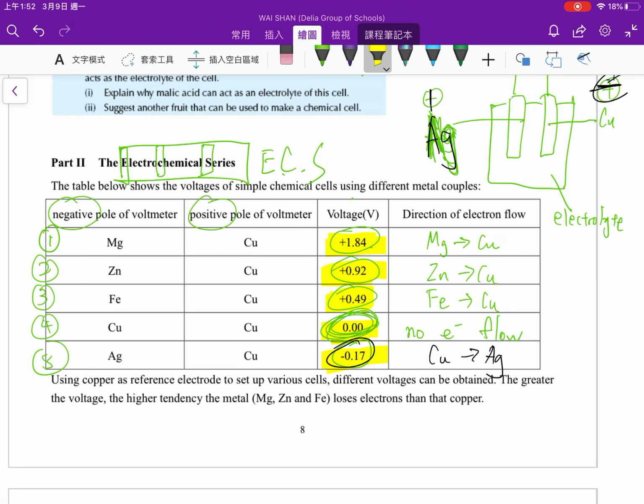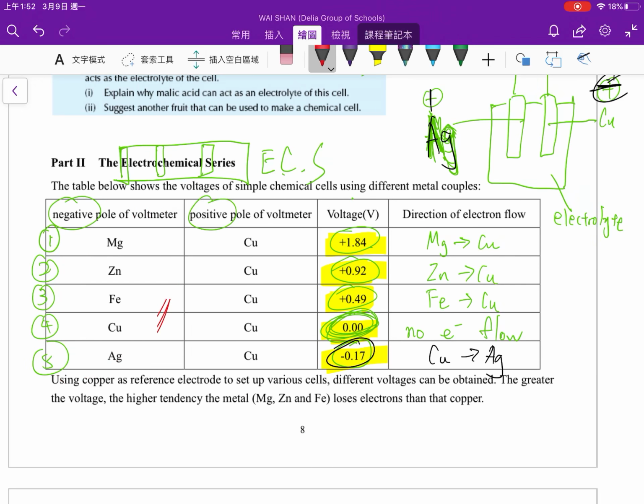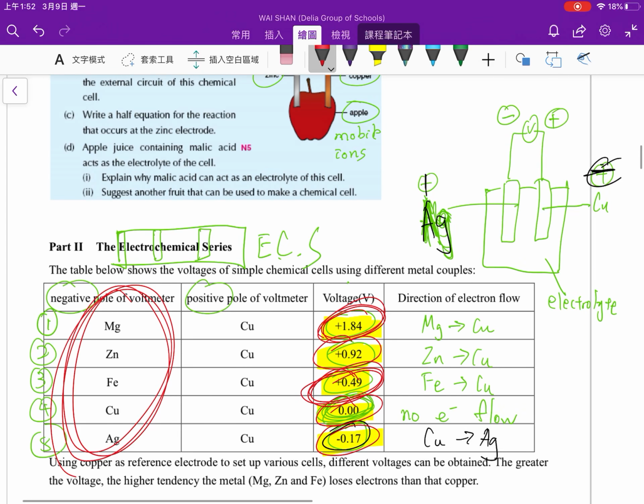We arrange these metals in an order according to the voltage. We compare the voltage of the chemical cell we obtained when we change the metal here, and for the other one we keep it the same.